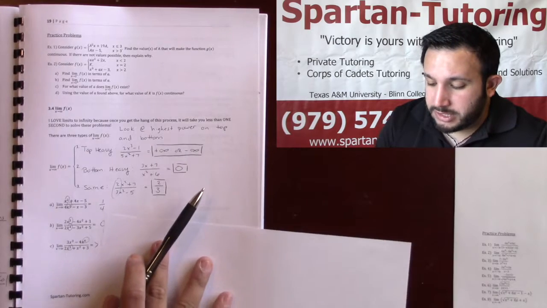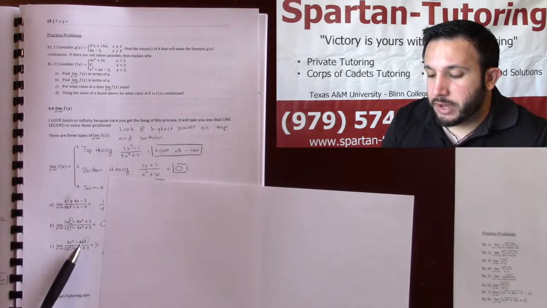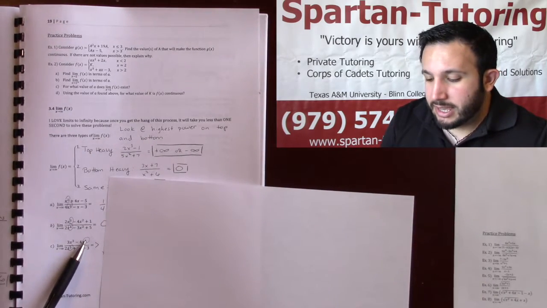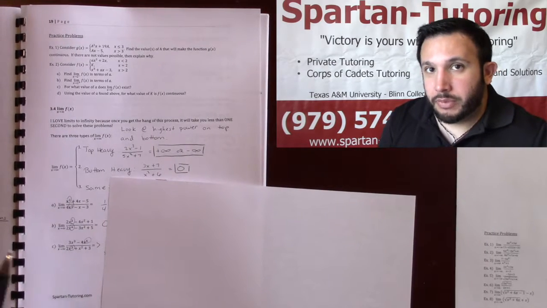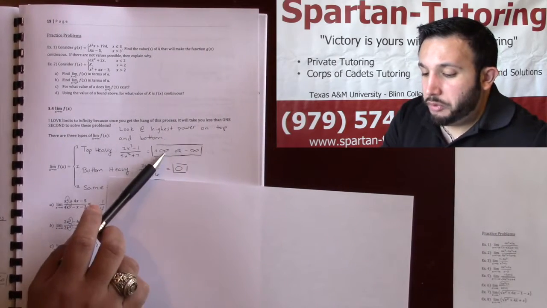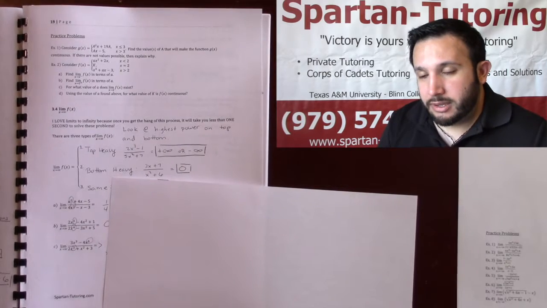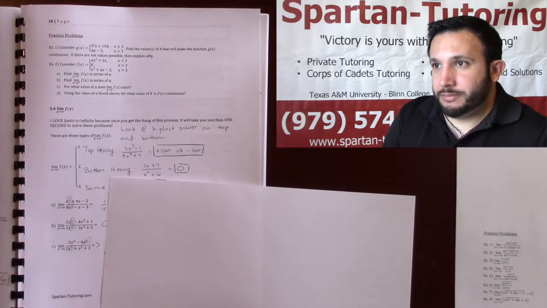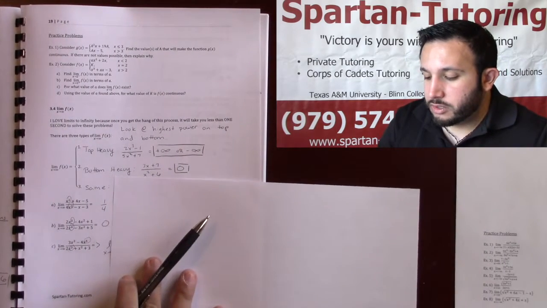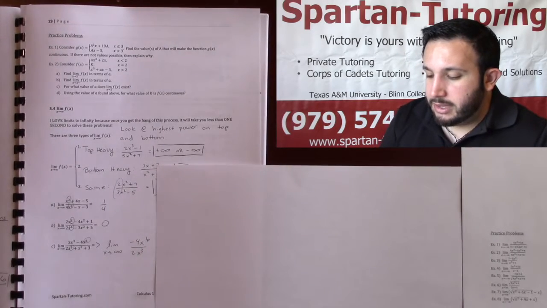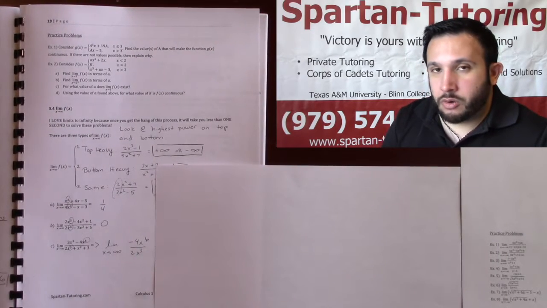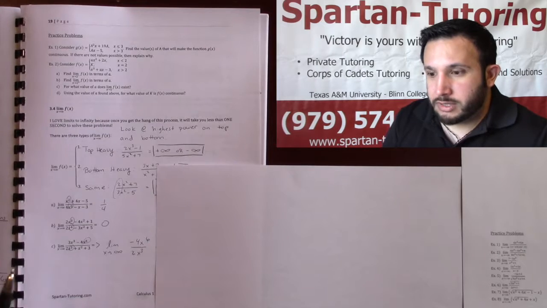Let's take a look at C. For C, notice that the highest power on top, which is a 6, is bigger than the highest power on bottom. So in this case, I know it's going to be positive or negative infinity. I just need to figure out, is it positive or negative? So what I do is I only take the leading terms. That's all that I care about when it comes to these problems.